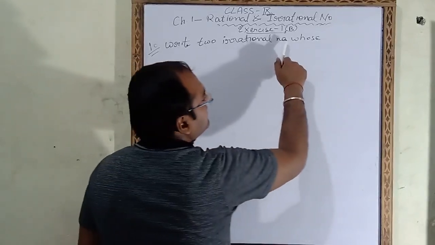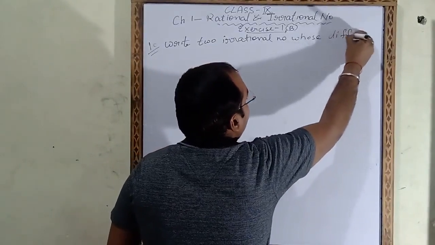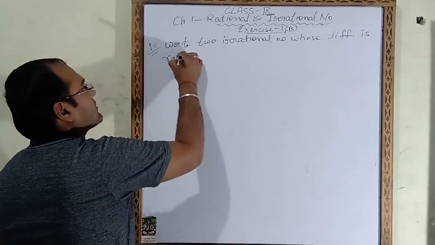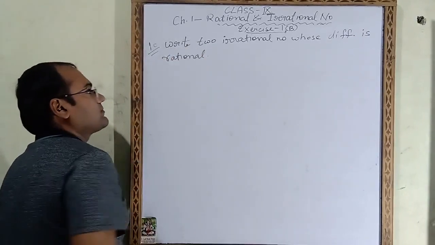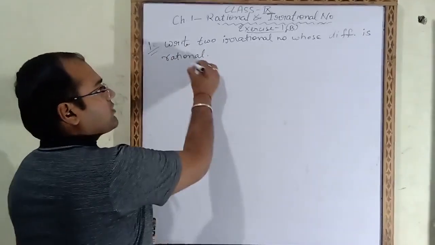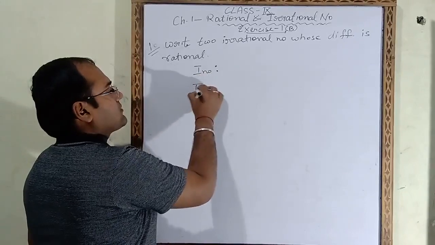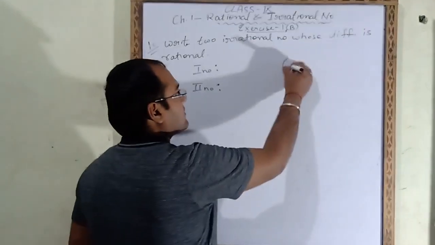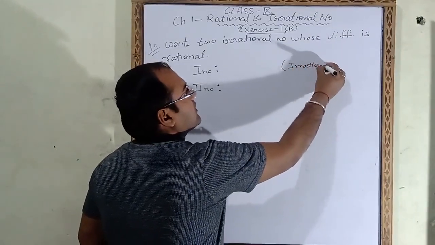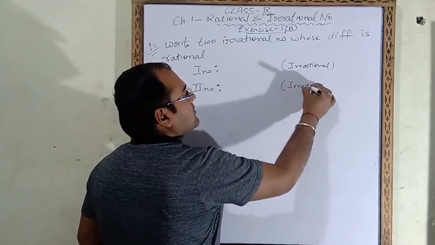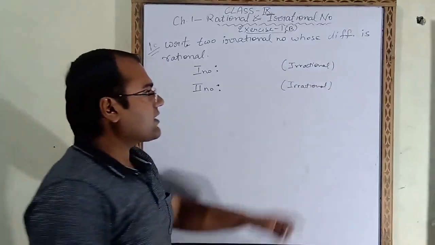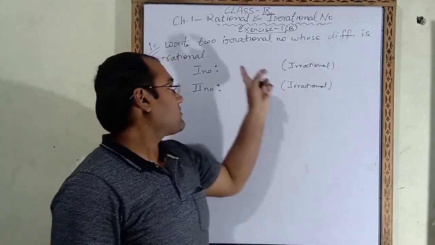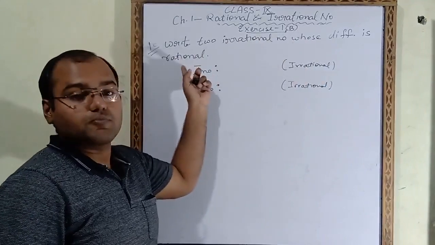Write two irrational numbers whose difference is rational. So we have to take two numbers and both the numbers should be irrational. Difference means subtract, minus. On subtracting these two numbers, the answer should be rational.